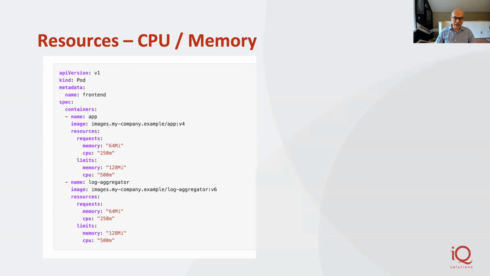Request is basically the minimum amount required. So I want 250 milli CPU out here, and I want 64 meg memory. That's the minimum I need. And if Kubernetes has that, it's going to go schedule this pod. And you have a limit out here. If this pod is going over 500 milli CPU, then you want to put some CPU pressure on it.